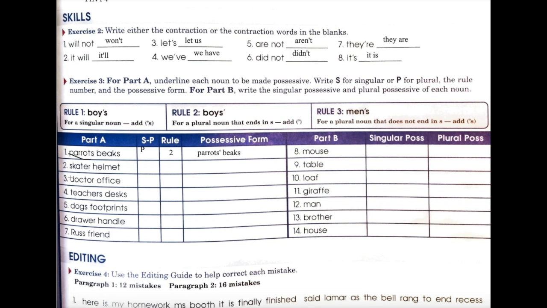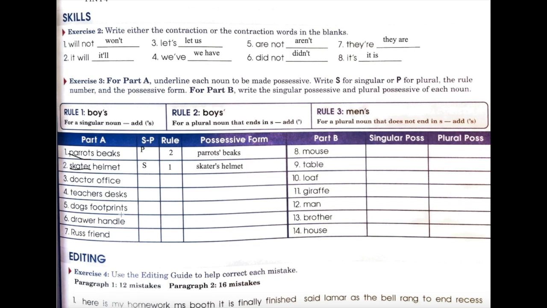Skater's helmet. Underline the noun. Is it singular or plural? It's singular. What rule does it follow? Rule number 1. The possessive form is skater, apostrophe S, helmet.